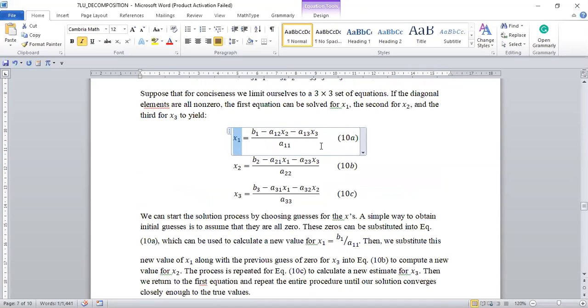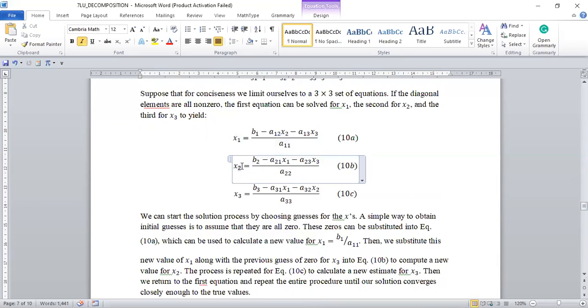It's just like finding the roots of equations, the topic we did before coming to this topic, where you guess the values of x2 and x3. So normally we start with 0 for x2 and x3. You make x2 to be 0, then you make x3 to be 0. Then you solve for x1.